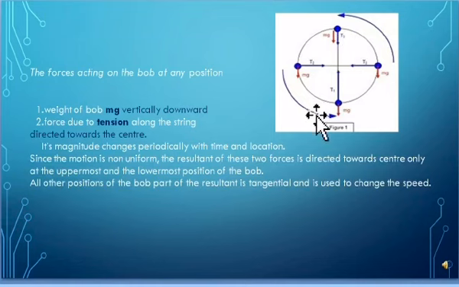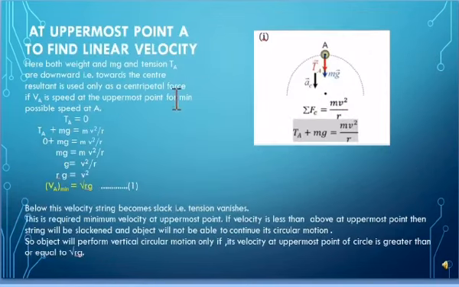At all positions, weight acts vertically downward, and the second force is the force due to tension along the string, which acts towards the center. Only its magnitude changes periodically with respect to time and location. Now we have to study the velocities at these 4 positions.